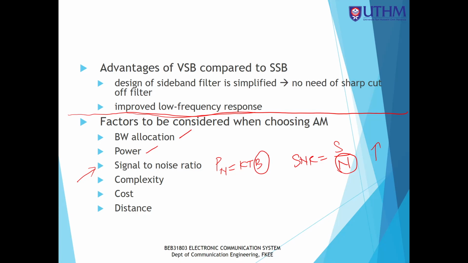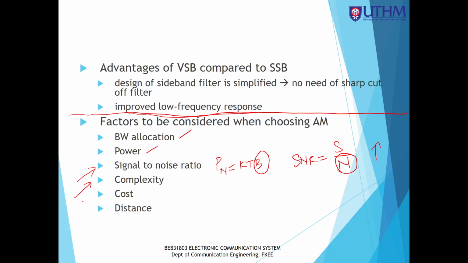You can also choose based on circuit complexity. The single sideband has the more complex circuit. But if you want a simple circuitry for the system, we can use double sideband full carrier, which is less complex for the circuitry design.